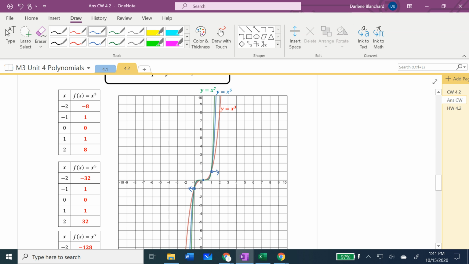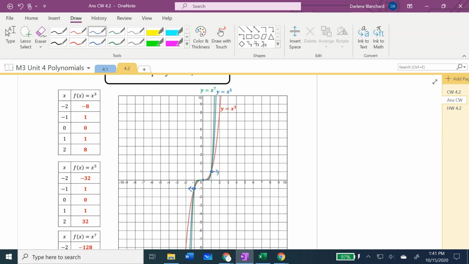And then it keeps on going. What dance move would that be called? The worm, thank you. So x cubed does the graph like the worm. It goes, wee, worm, as it's going through the x-axis.